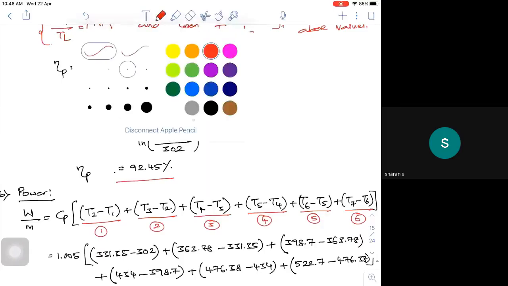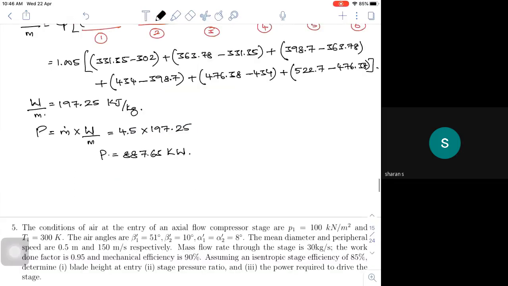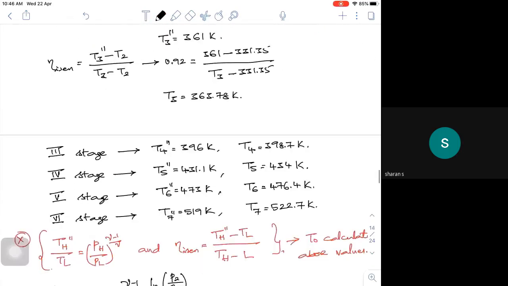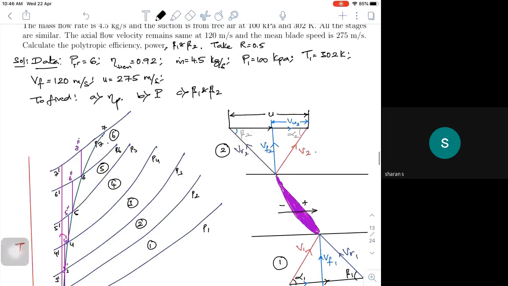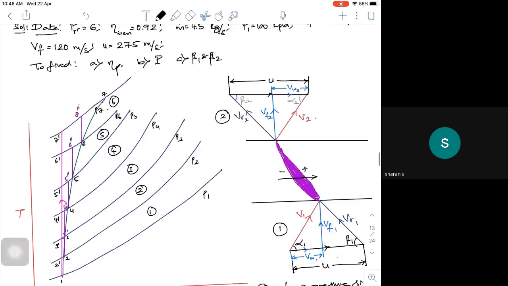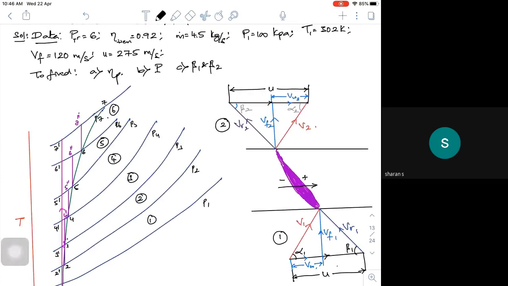Now, an extra thing I mentioned: is it possible for us to find the corresponding beta angles? If I want these beta angles, I have to consider the corresponding velocity triangles, and you can find the beta angle. How can we do that?